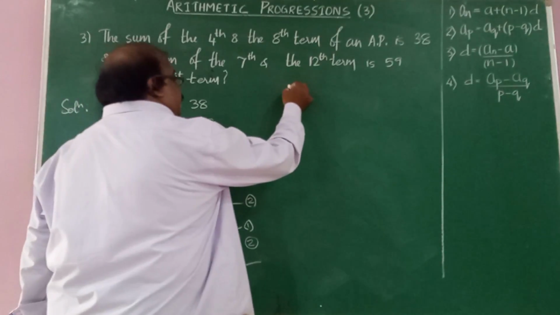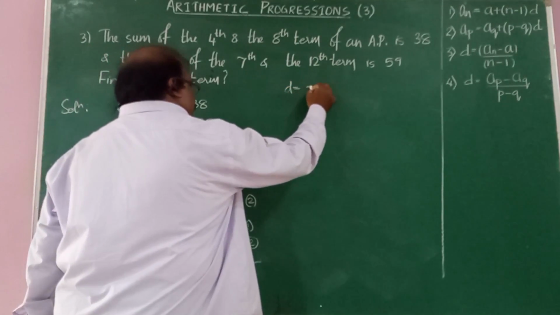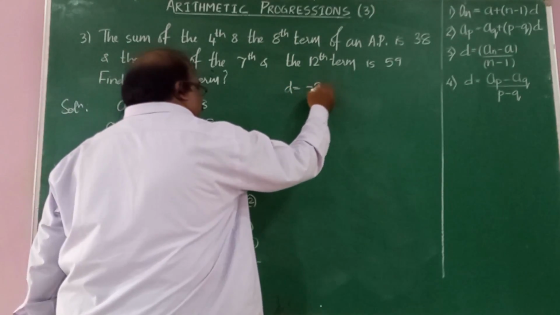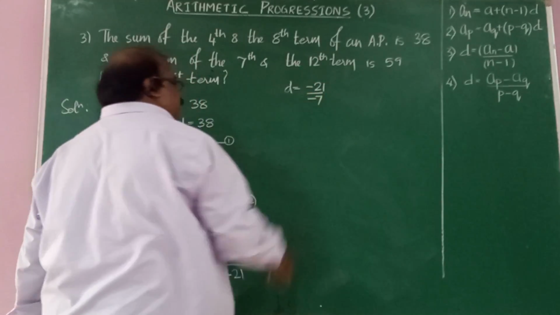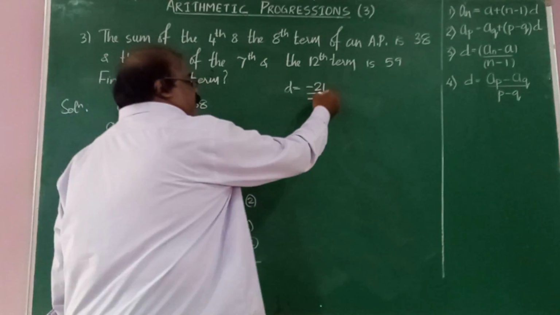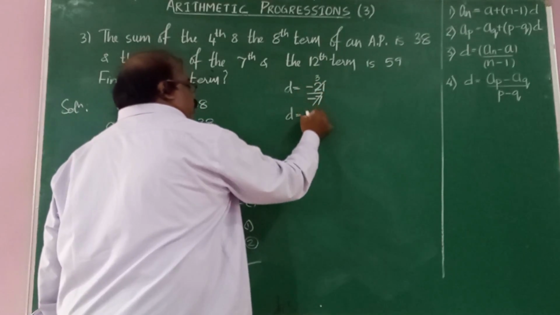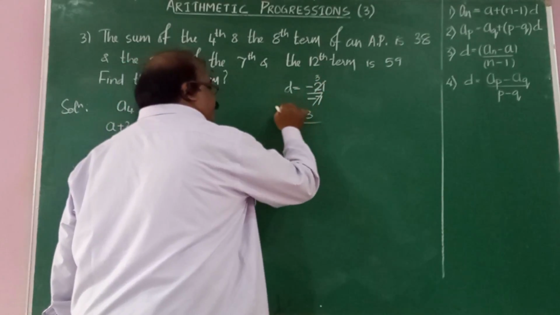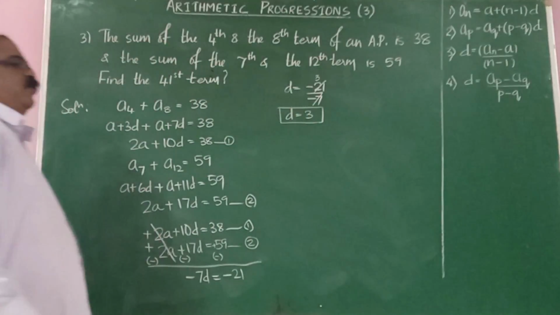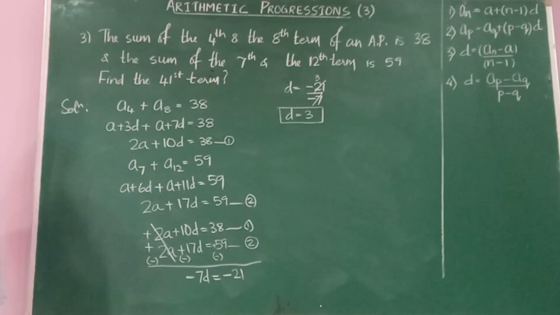This indicates that d is equal to minus 21 upon minus 7. 7 3s are 21. So d, minus upon minus is plus, is 3. I have got the value of d. Now once you know the value of d, it's very simple to find the value of a.